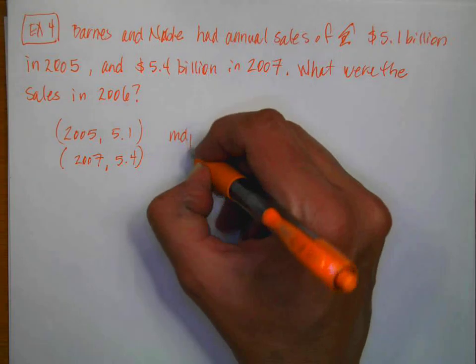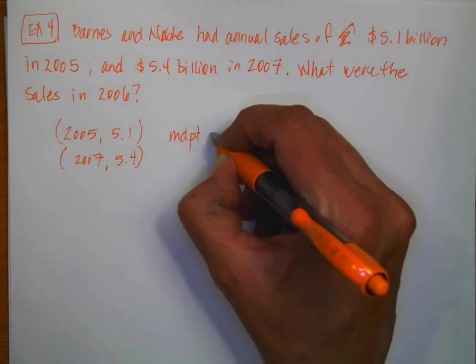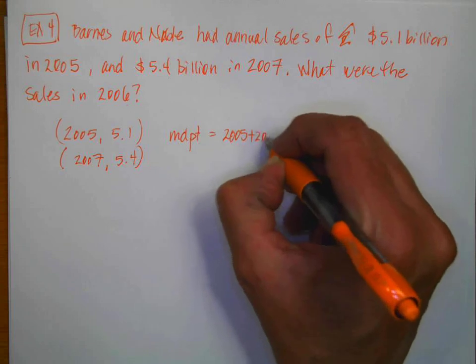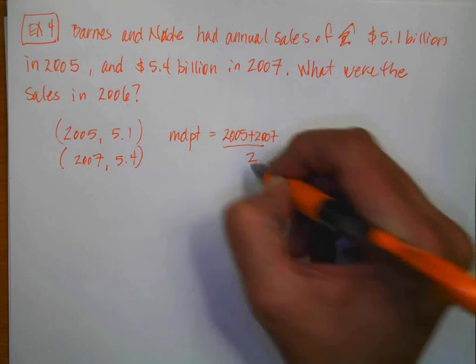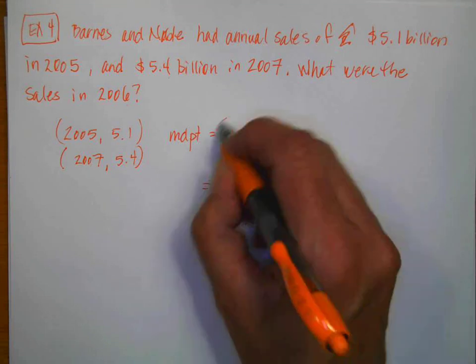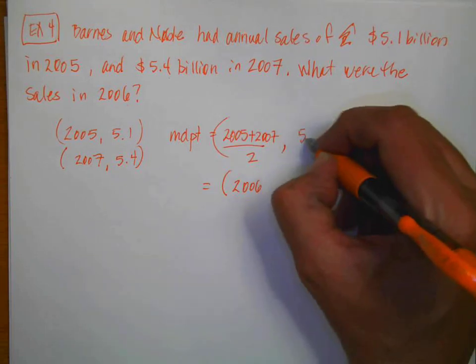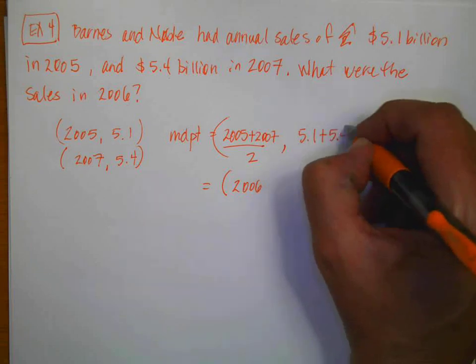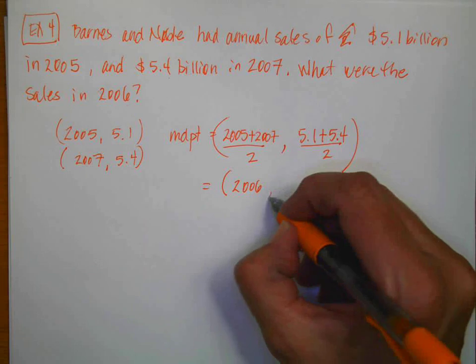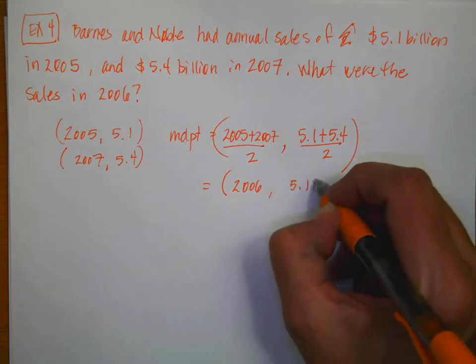So the midpoint, and just to illustrate the point, if I did 2005 and added it to 2007 and divided by 2, I would get 2006. That's kind of fun. Okay, and now I'm going to do the 5.1 plus the 5.4 and divide by 2. And when I do that math, I'm going to get 5.18.